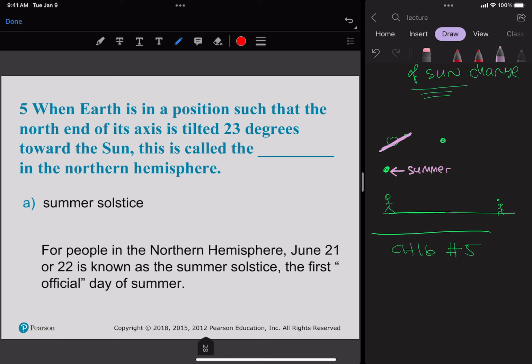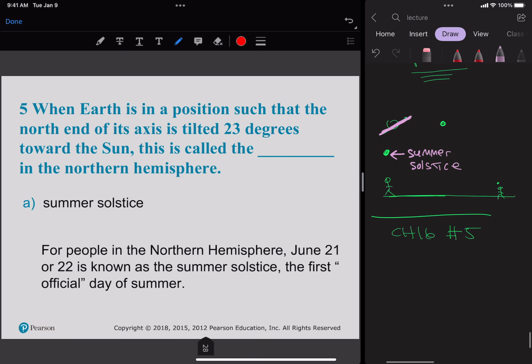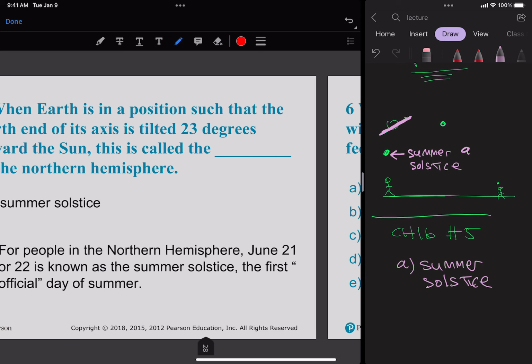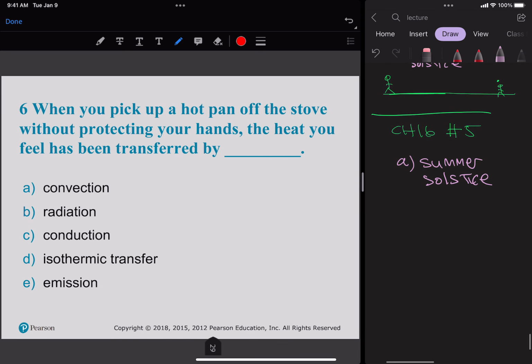And the longest day in the summer is called the summer solstice. So for 16.5, it's A. Next question.